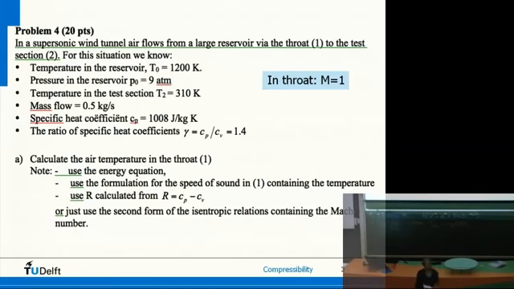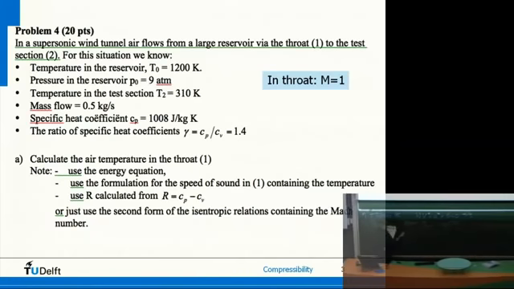Yes, perfect. Energy equation. That's relating temperatures to velocities. We have quite some information on temperatures, so probably we can derive velocities. So then use the energy equation to find V test.